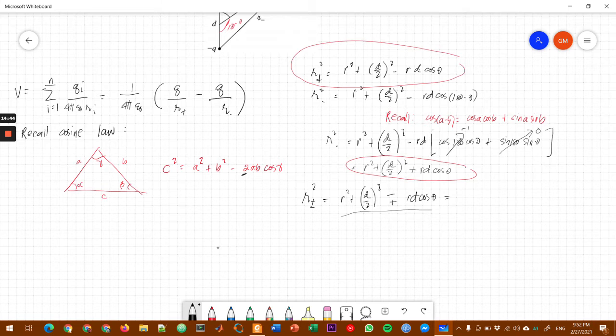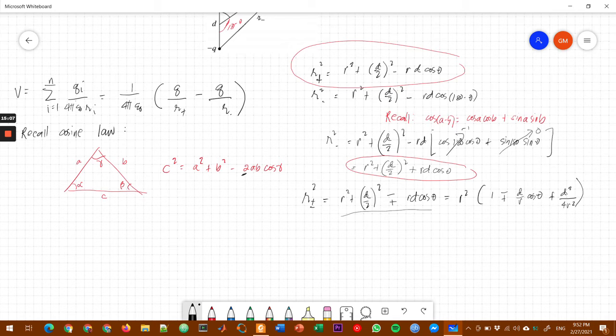So taking out R squared, that would be 1 plus or minus D over R cosine theta, and then plus D squared over 4R squared.